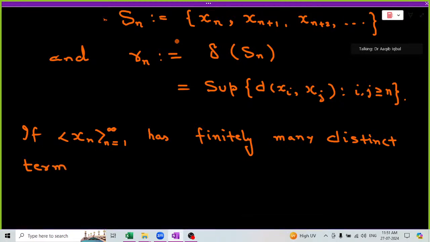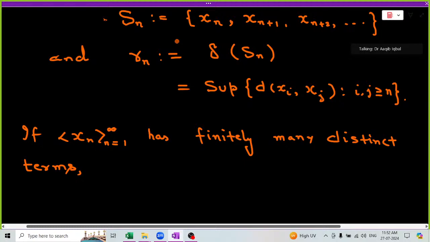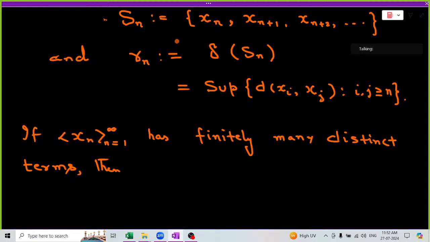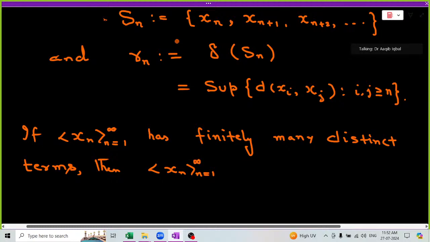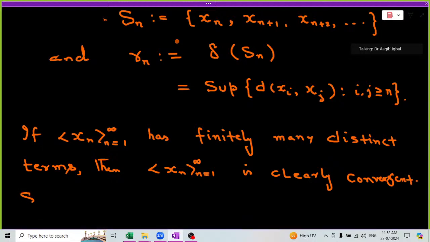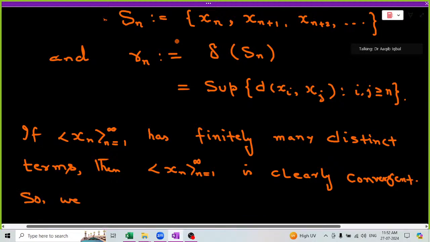If it has only finitely many distinct terms, then it will be eventually constant and therefore convergent. Then xn, n running from 1 to infinity, is clearly convergent. So we'll be assuming what? Because this actually turns out to be the trivial case.